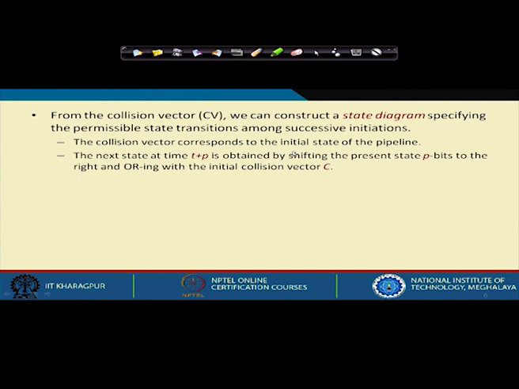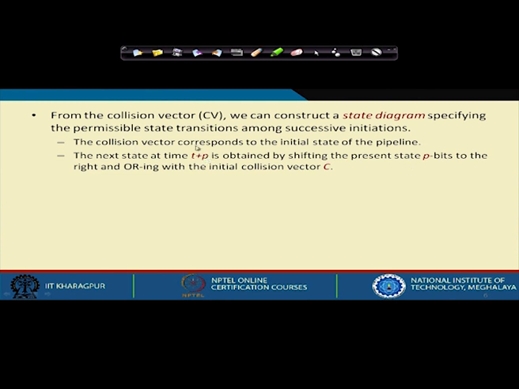You can go from one state to the other, right. And the initial state is the collision vector, and from any state you can move to some other state by advancing the time by some number p.